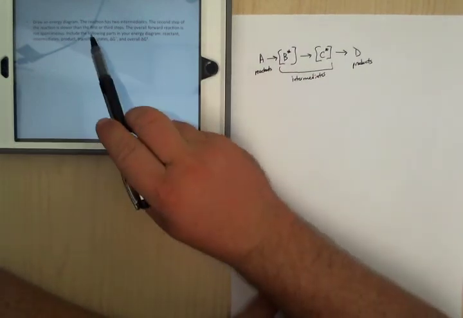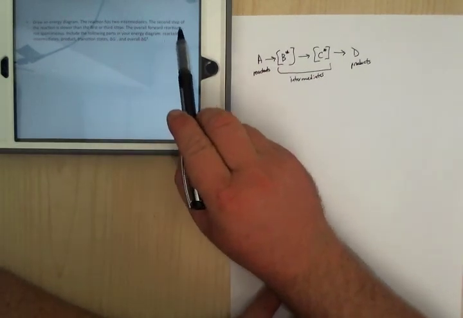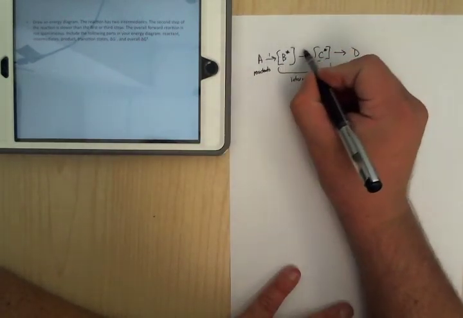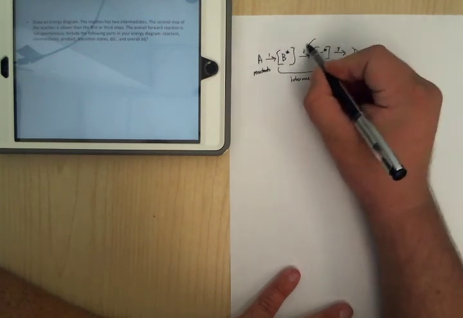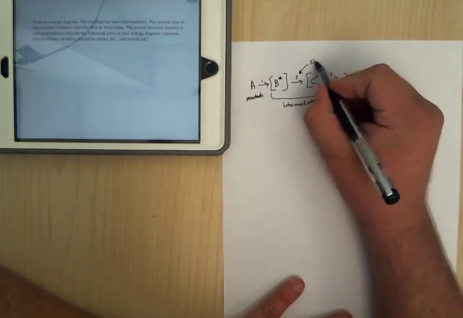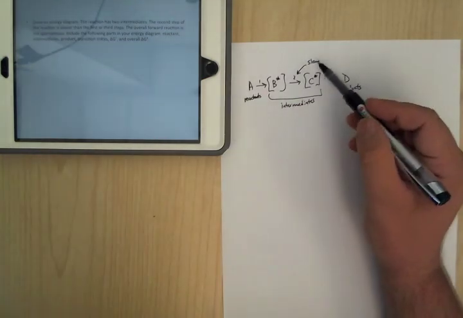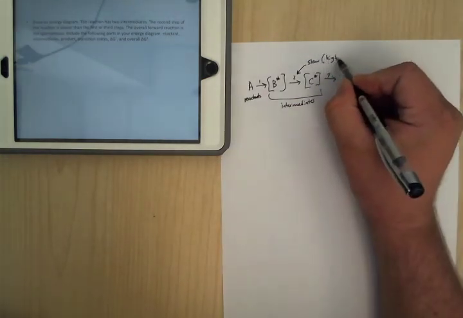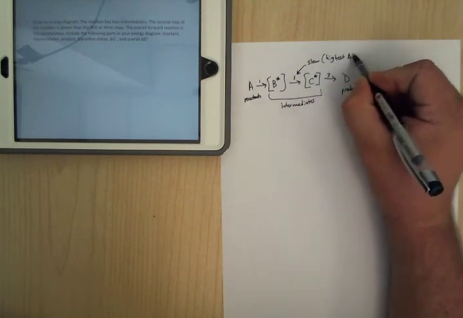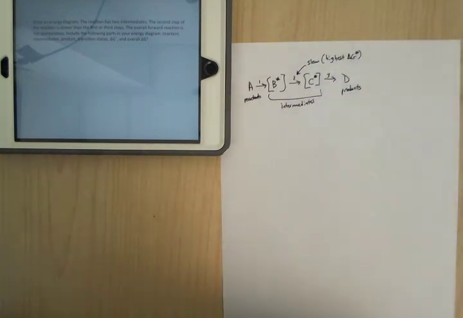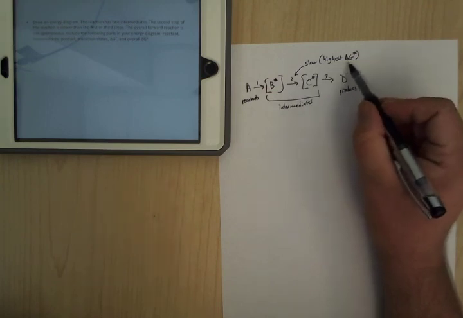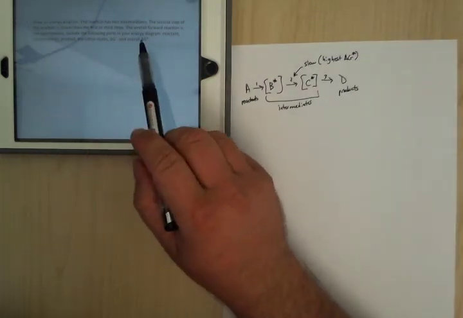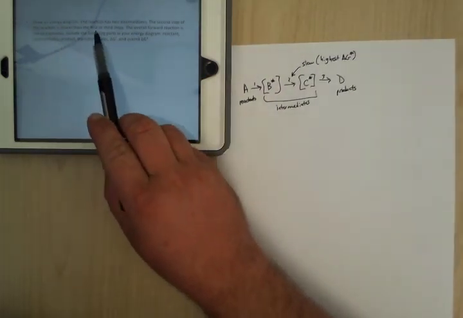The second step is the rate-determining step. So 1, 2, 3, this one is slow. What does that mean? That means this one has the highest overall net activation energy, so it's slower than the first or third steps.